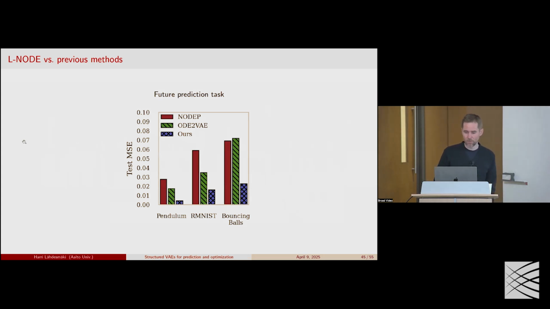And then this is just a quick note on how well our model can make future predictions compared to some existing neural ODE processes or ODE2VAE models. And the blue one seems to perform quite well across these synthetic benchmarks.